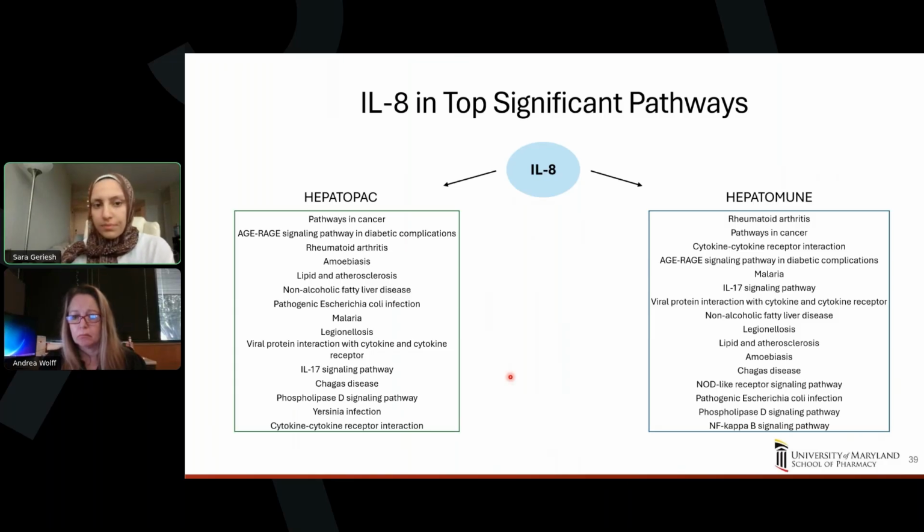So this all supports that interleukin-8 can be a potential candidate for trovafloxacin toxicity, warranting further studies to see if interleukin-8 is actually contributing to trovafloxacin hepatotoxicity.